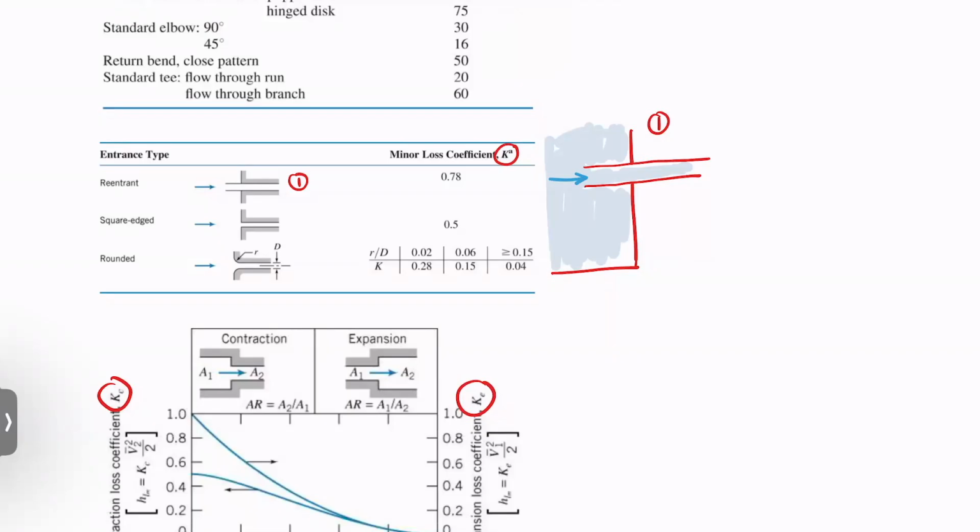And then this second one is the same idea. So you have some very large body of a fluid, and then it's entering into this pipe flush.